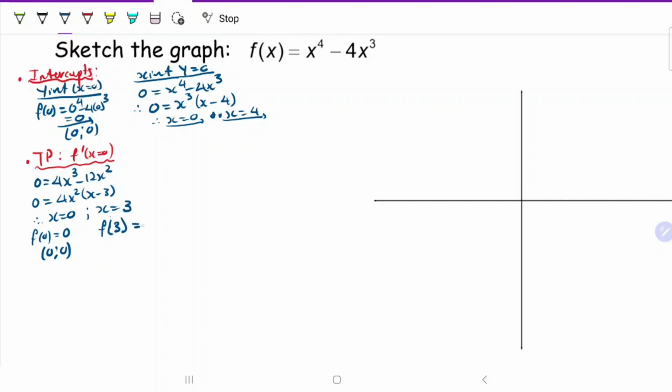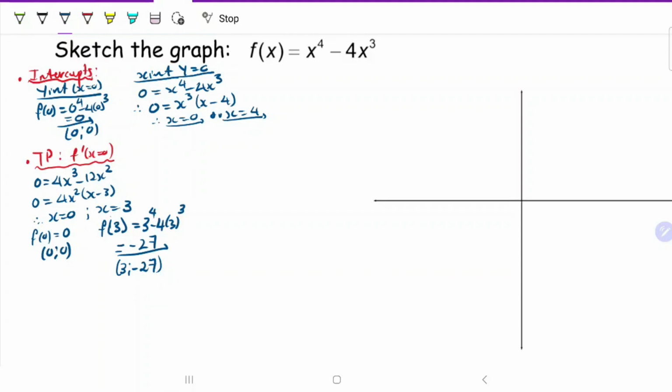We substitute 3 into the equation: 3 to the 4 minus 4 times 3 to the 3. If we do all of that, this gives us negative 27. So the other turning point we have is (3, -27). We'll see what we need to do from there.